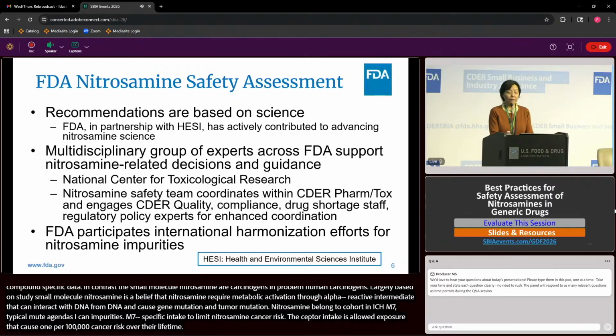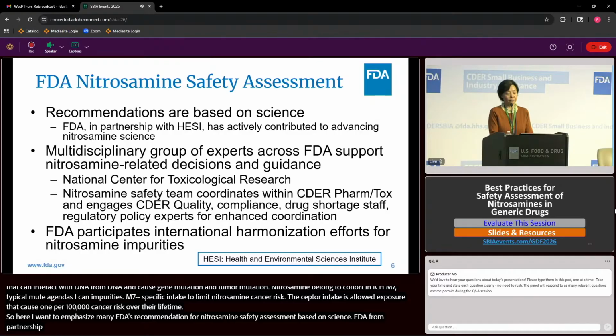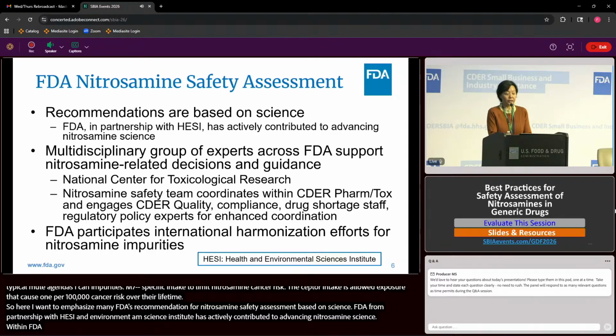Here I want to emphasize that FDA's recommendations for nitrosamine safety assessment are based on science. FDA formed a partnership with the Health and Environmental Sciences Institute and has actively contributed to advancing nitrosamine science. Within FDA, there is a multidisciplinary group of experts who support nitrosamine-related decisions and guidance development.